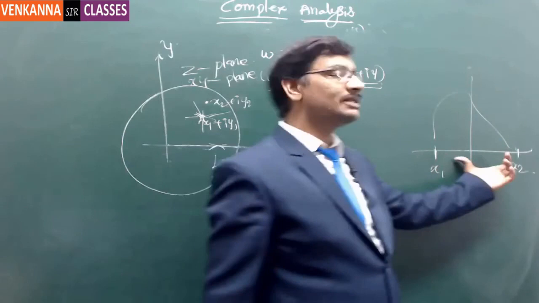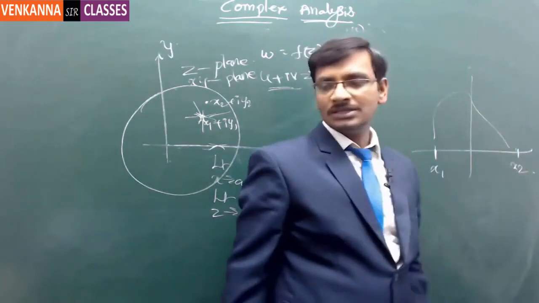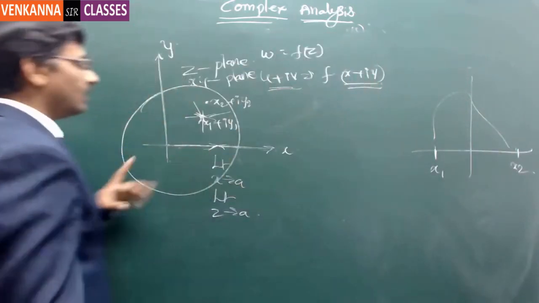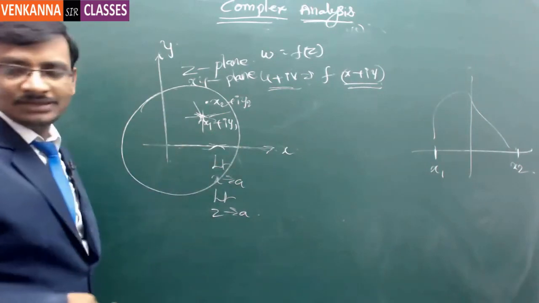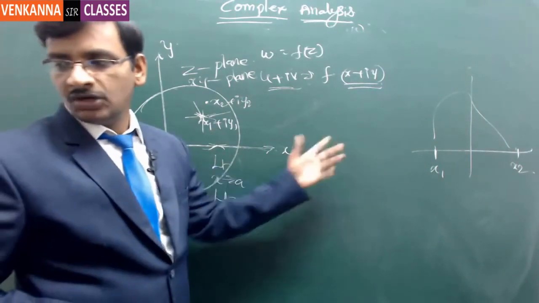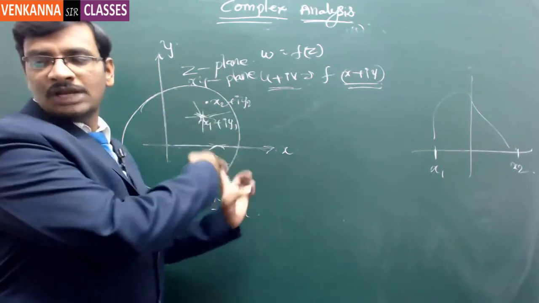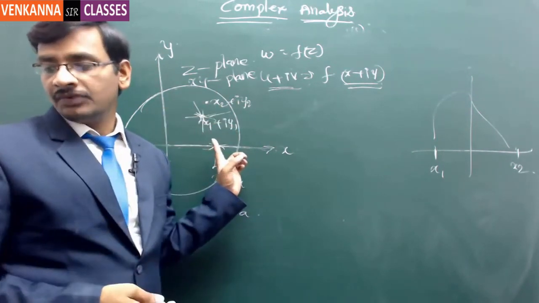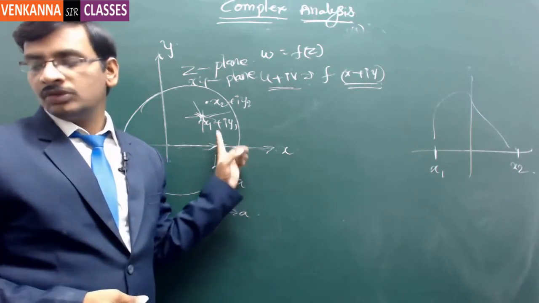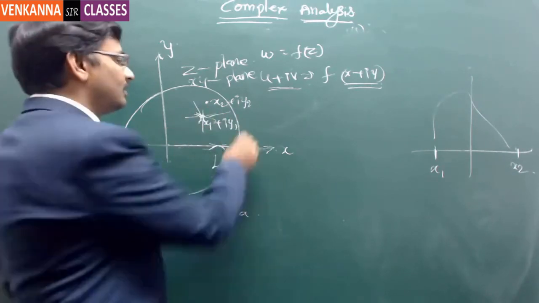This is what we call the domain, and the function values we call the range. Exactly in a similar manner, you cannot define a domain on a single line like a real function. The domain is no more a single valued function. It is two different values together. It will constitute a region. Got it? So the domain has to be defined on a region called R.